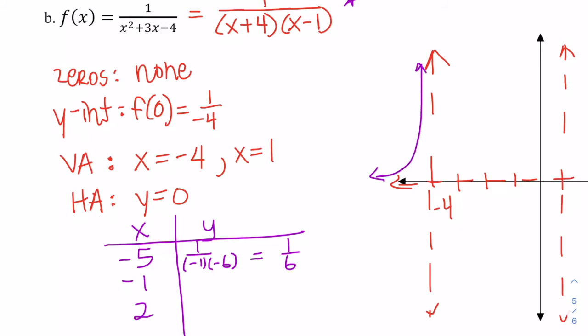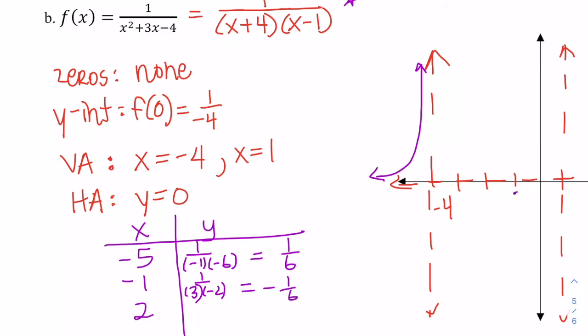It'll follow the x-axis and the vertical asymptote. When I plug in 1, we get 1 over 5, negative 2. Oh, sorry, that'll be 3. Let's type that in. And then that's going to be negative 1/6. So that's going to be down here.